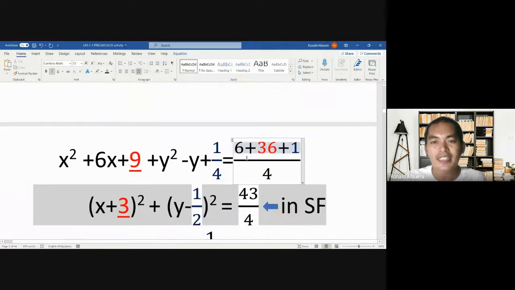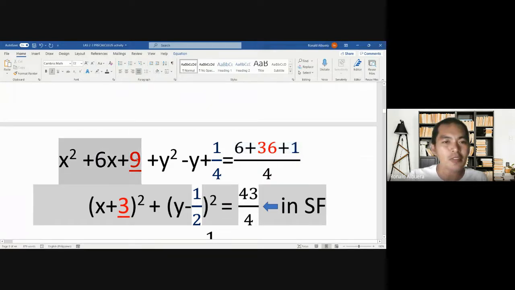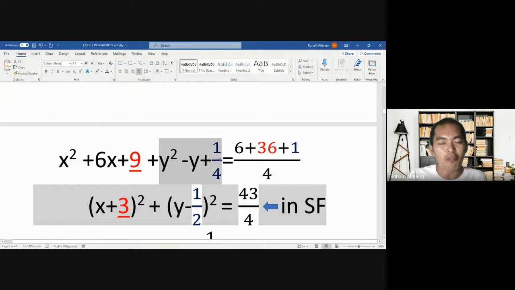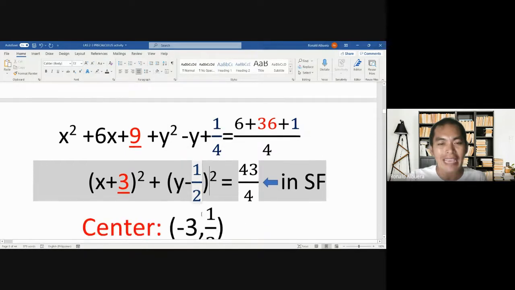Simplify the right side. 6 plus 36 is 42 plus 1 is 43 over 4. And x squared plus 6x plus 9 is a perfect square of x plus 3. Same, y squared minus y plus 1/4 is a perfect square of y minus 1/2.